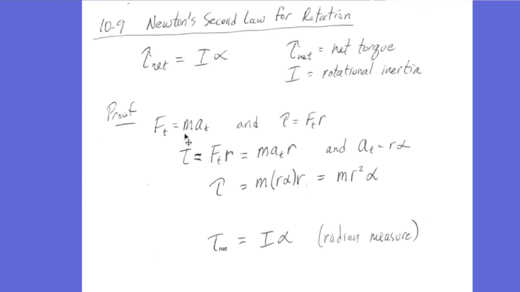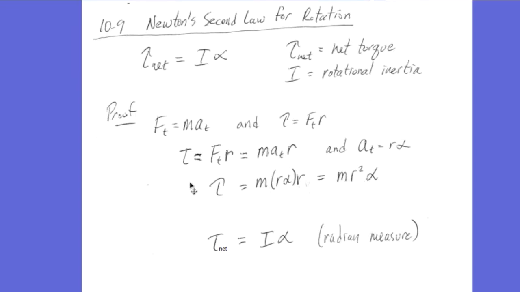Let's prove this. We know that a linear force produces a linear acceleration. So for angular or circular motion, the tangential force produces a tangential acceleration. And we know that torque is equal to tangential force times R. So if we say torque is tangential force times R, and we replace Ft with mass times At, and we also go a step further and replace At with R alpha, then we see that torque is equal to mr squared times alpha.